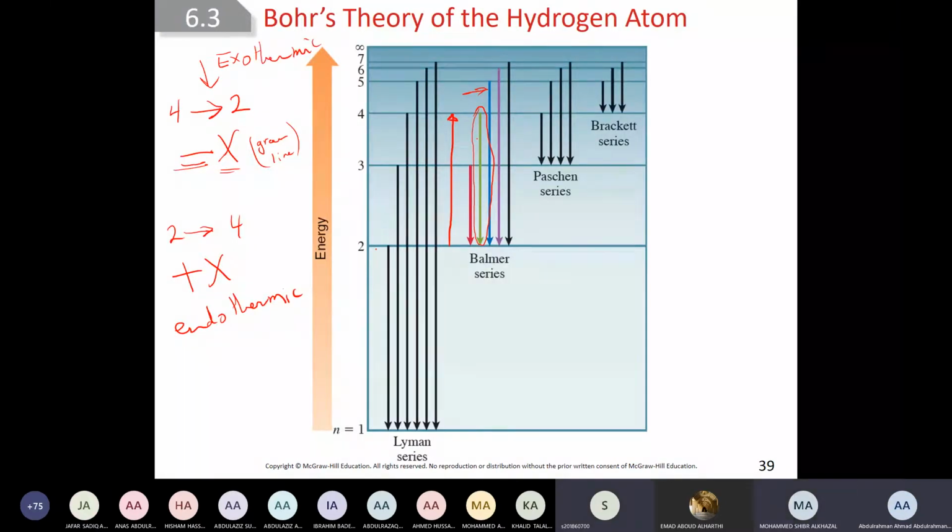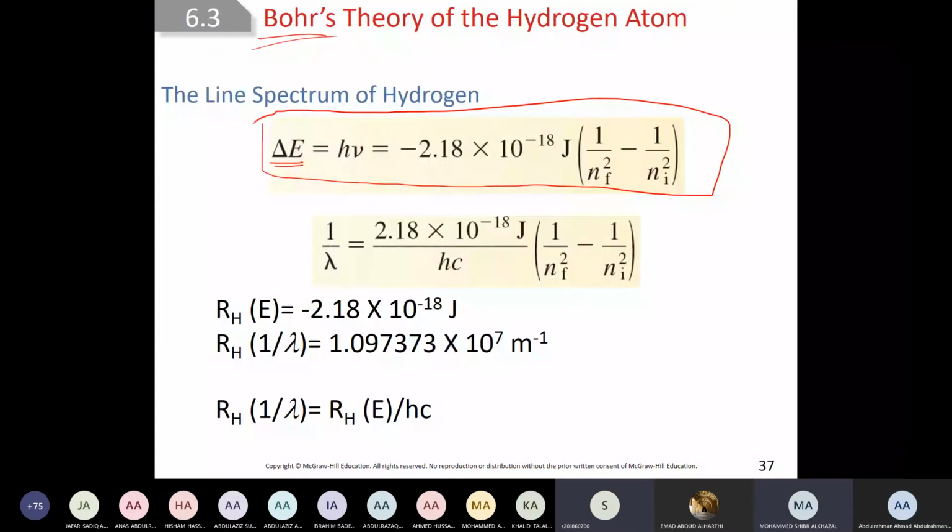Is this clear? So, doctor, if an electron wants to go up, it needs more energy? It needs energy to go up, yes.